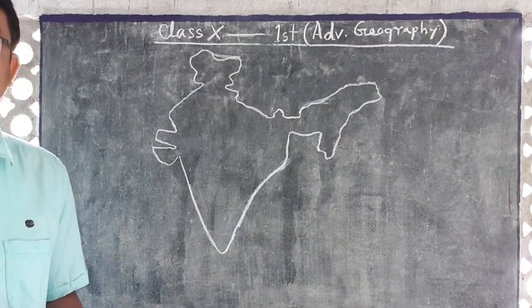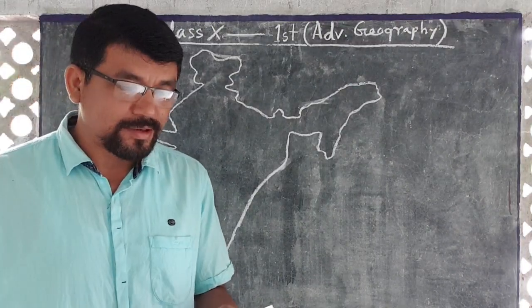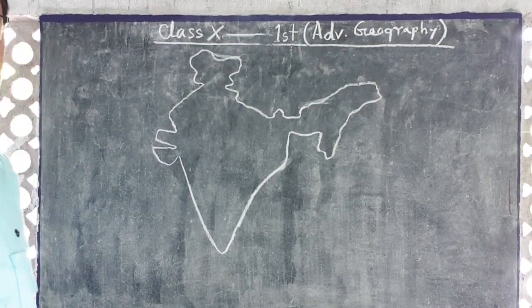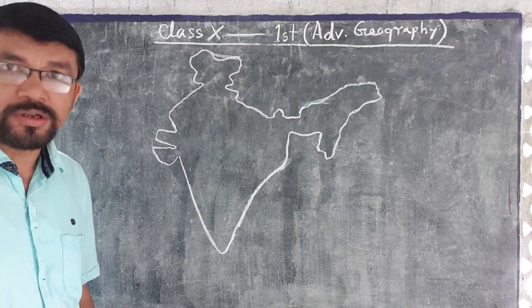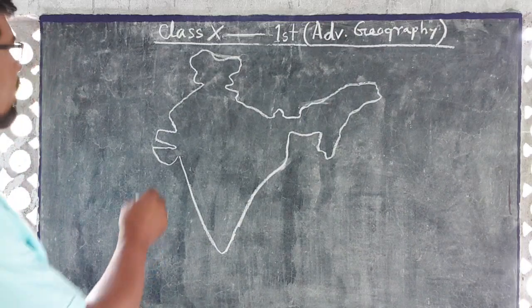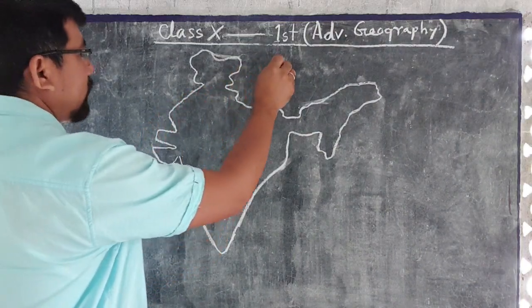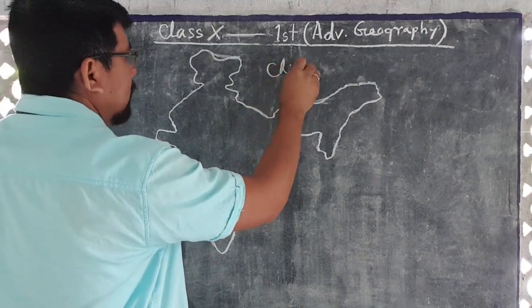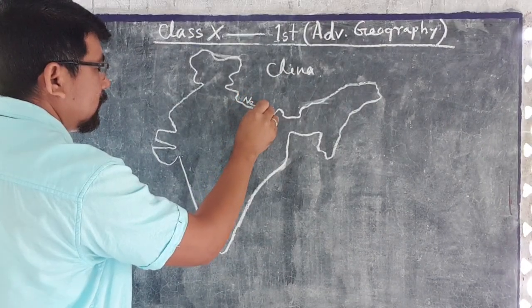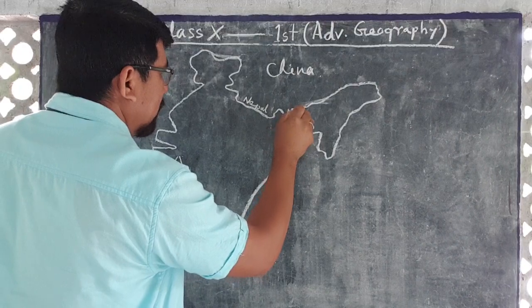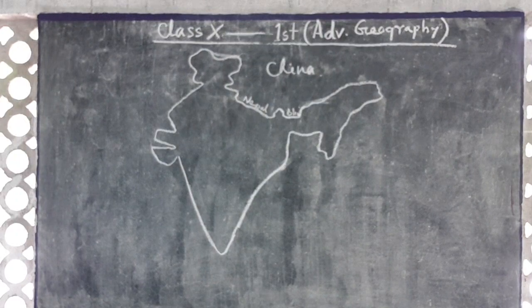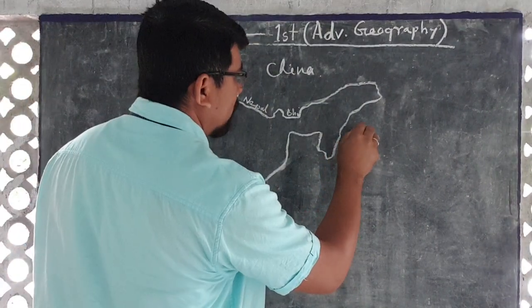I have already told you that India is the 7th largest country in the world and is located in the southern portion of the continent Asia. First you see the boundary. In the northern part it is China. Here is Nepal. Here is Bhutan. Here is Myanmar.